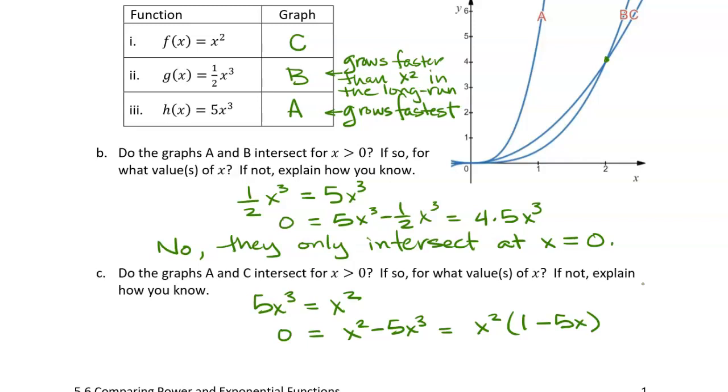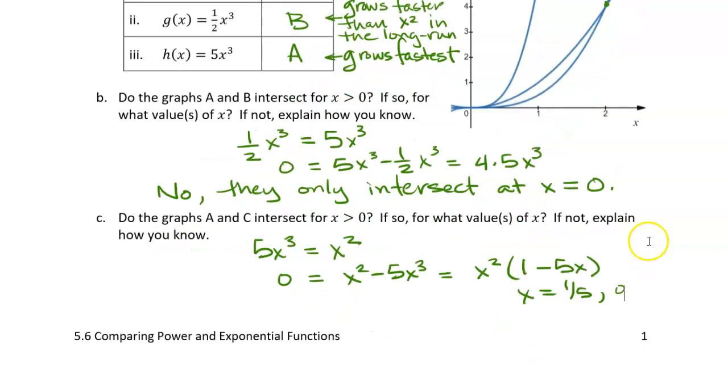This is going to be 0 at x equals 1/5. If I put 1/5 in for x, then this factor 1 minus 5x will be 0, and that's a value greater than 0. They also intersect at 0, but I'm not really worried about that. I'm looking for values greater than 0.